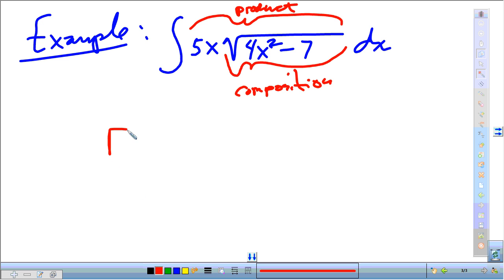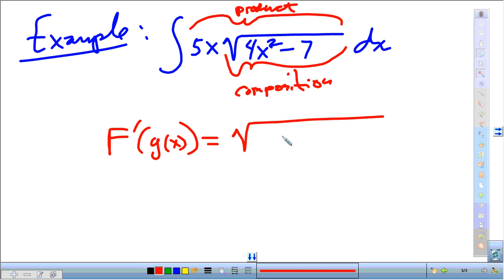So that setting, I would first start with f prime of g of x put in as the possible composition. In this case, the square root composed with 4x squared minus 7.